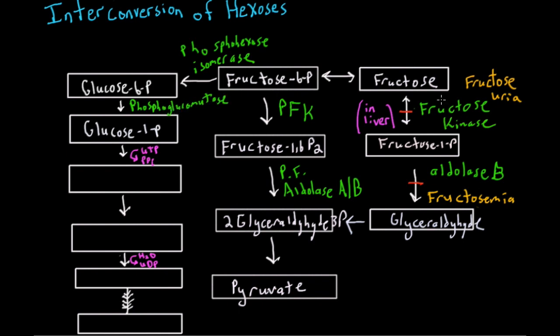Now, this next step, we add a molecule known as UTP into the picture, uridine triphosphate. Now, when we attach a uridine triphosphate to glucose, we get UDP glucose. And what's interesting about UDP glucose is that it can be used to detoxify parts of our body. So what happens is we take UDP glucose and turn it into UDP glucuronic acid.